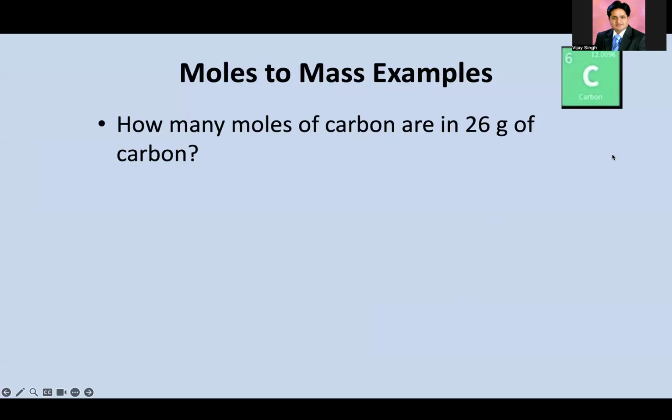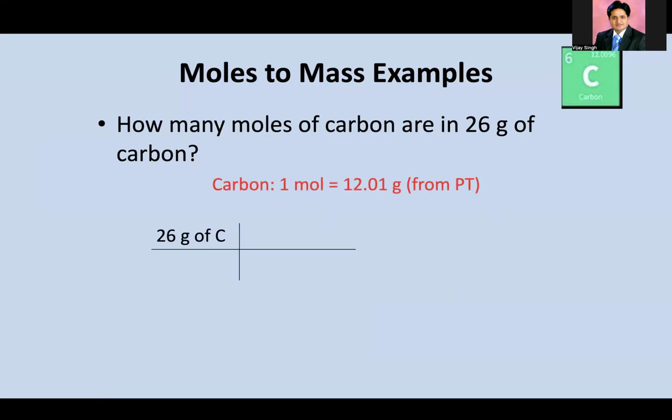Now, if you see, 1 mole of carbon weighs approximately 12 grams. So the question is, how many moles of carbon are in 26 grams of carbon? You have 26 grams of carbon and 1 mole weighs 12 grams from the periodic table. So you divide that by 12.